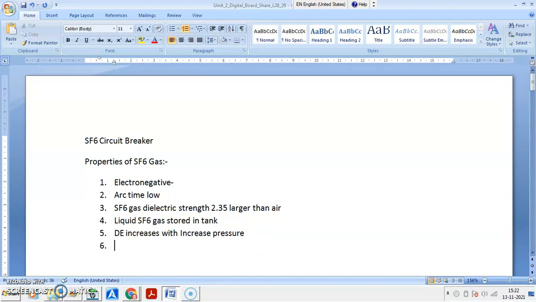Then you have heat transfer. Now you know that when an arc is developed, the temperature of the arc is very high.